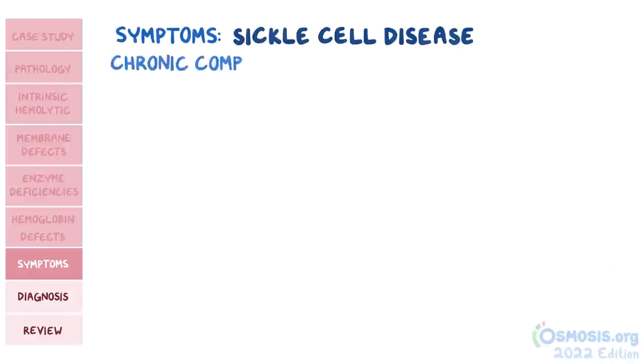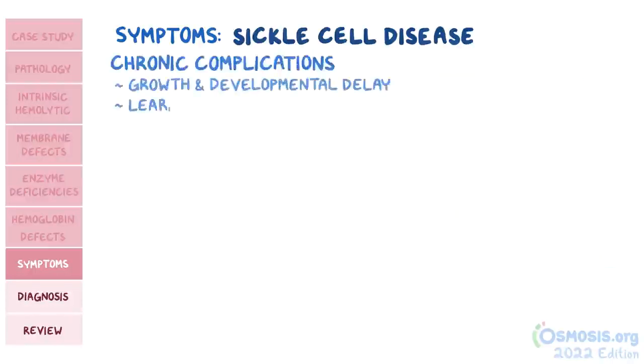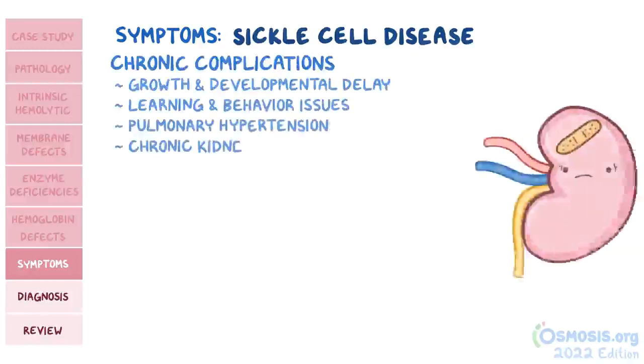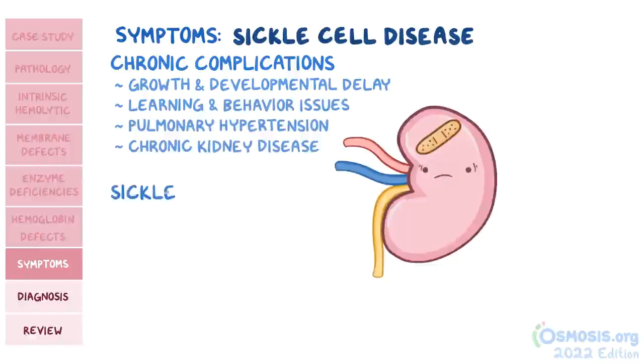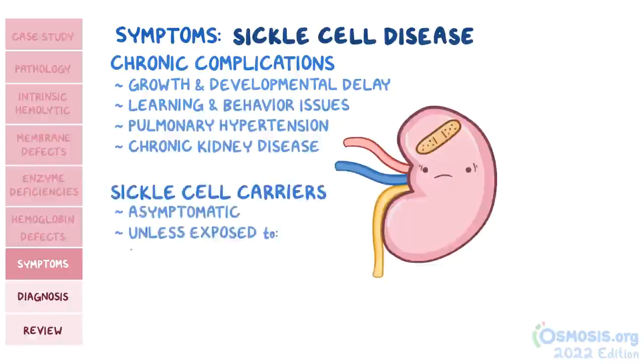Now, chronic complications of sickle cell disease include growth and developmental delay, learning and behavior issues, pulmonary hypertension, and chronic kidney disease. Alright, now sickle cell carriers are basically asymptomatic unless they're exposed to high altitude or dehydration.